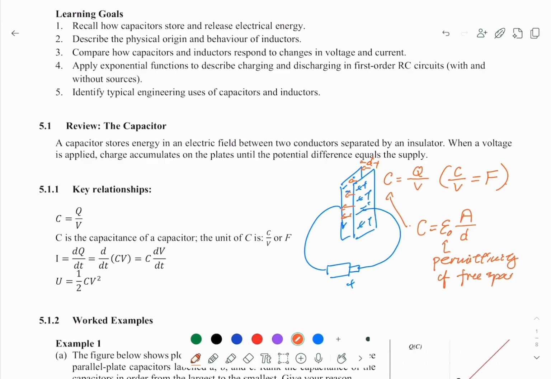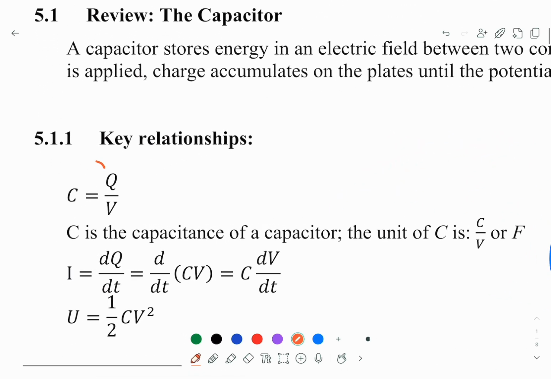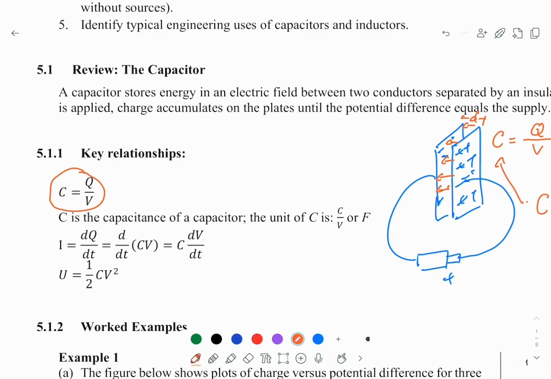This is a universal constant. So this is our basic definition of capacitance, and this is the unit in Farad.